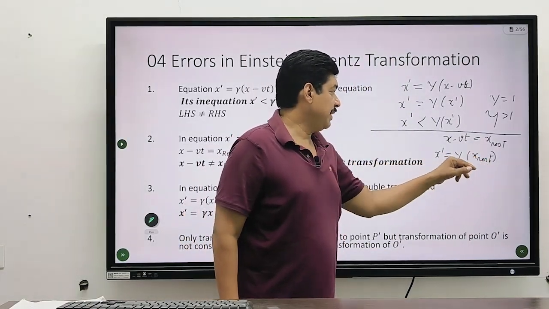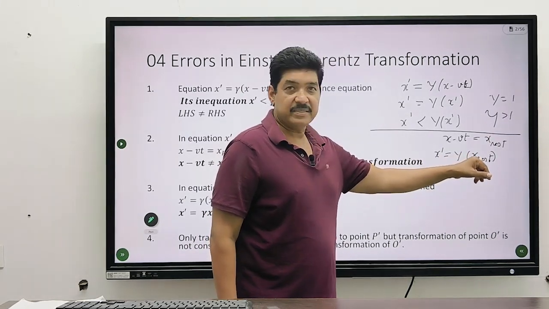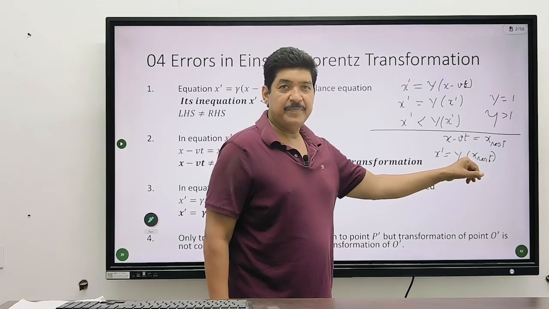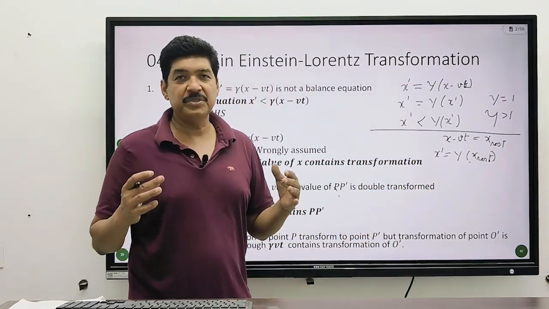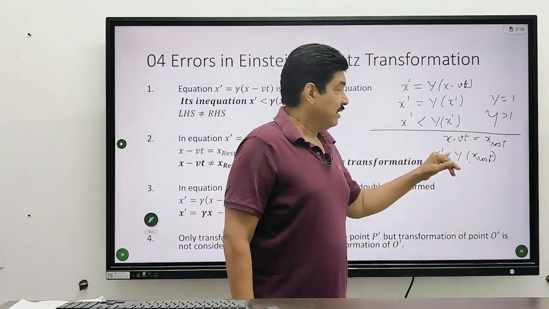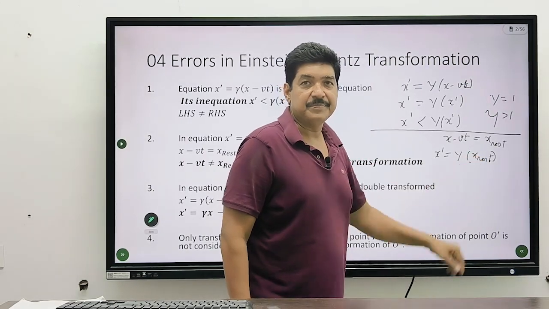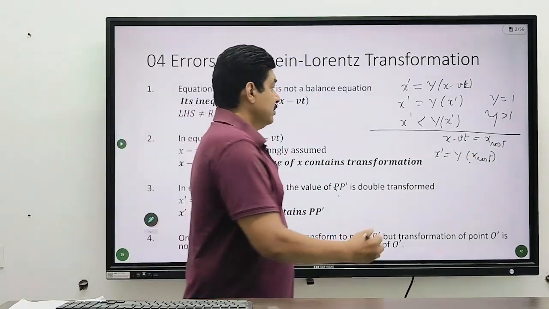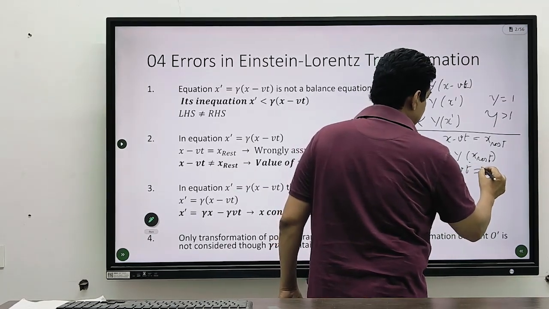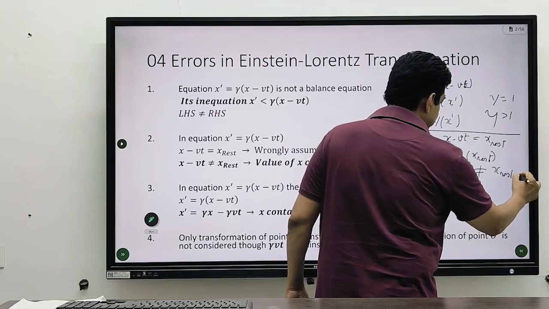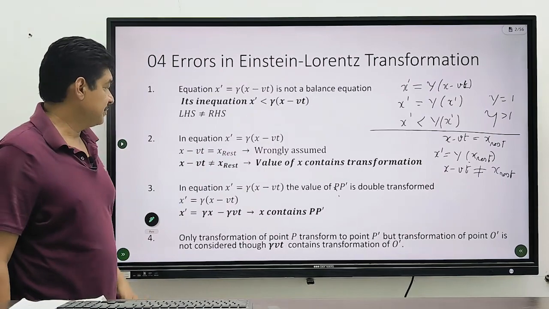Because once you multiply a transformation factor with x rest, the rest position of any particle, it should become the extended, transformed position of the particle P. But this x minus vt is not equal to x rest. Therefore, this equation is wrong.